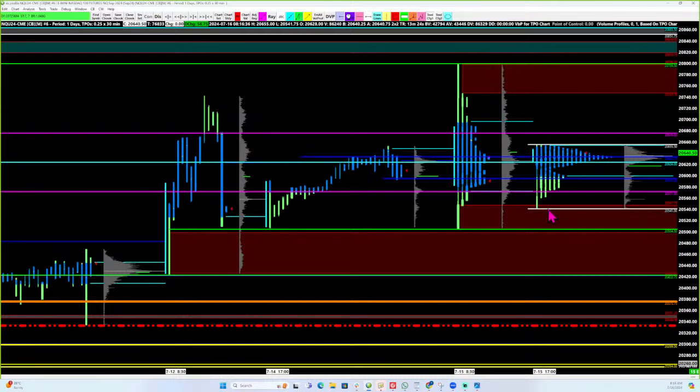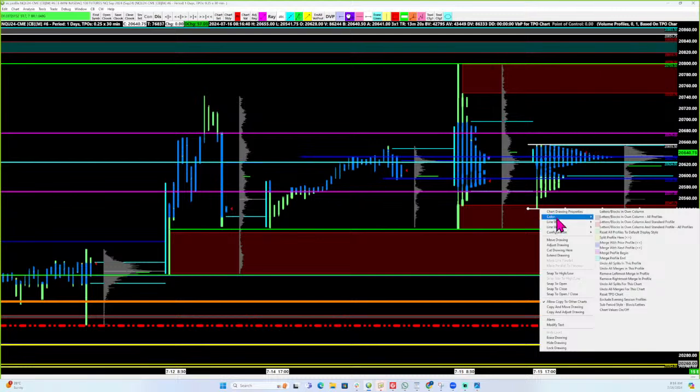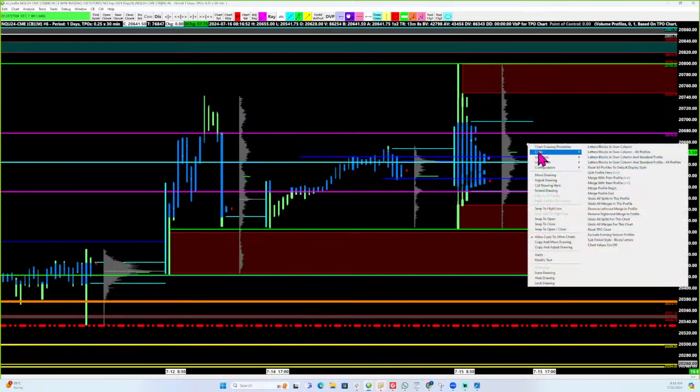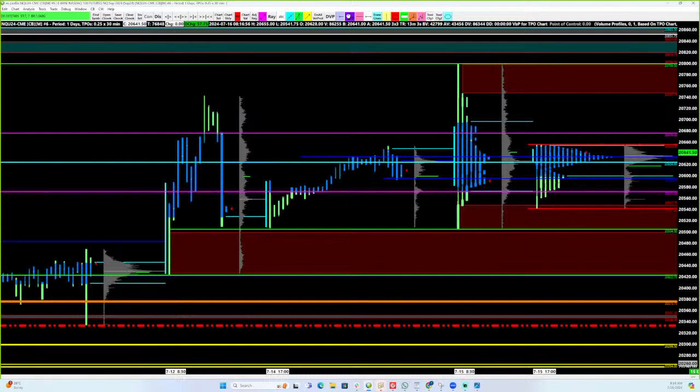I'm going to start marking off Globex low and high in color. Let's make them, hell, I don't know, red, so that I can mark off the 30-minute levels easily, right?